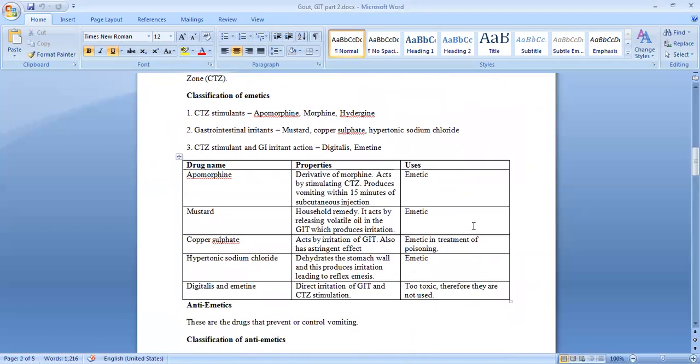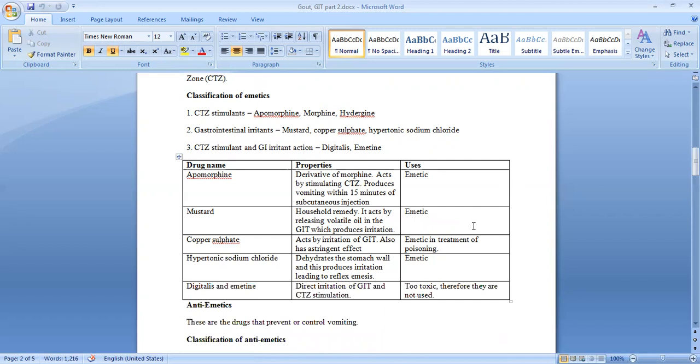In this table, I have explained the properties of each of these drugs. Apomorphine has to be administered by subcutaneous injection, and within 15 minutes of injecting the drug, it will stimulate the CTZ and produce emesis. Then mustard is just what we use at home, no? That mustard will release a volatile oil, and that volatile oil is going to be irritating to the gastrointestinal tract, and because of that, it will produce the emetic action.